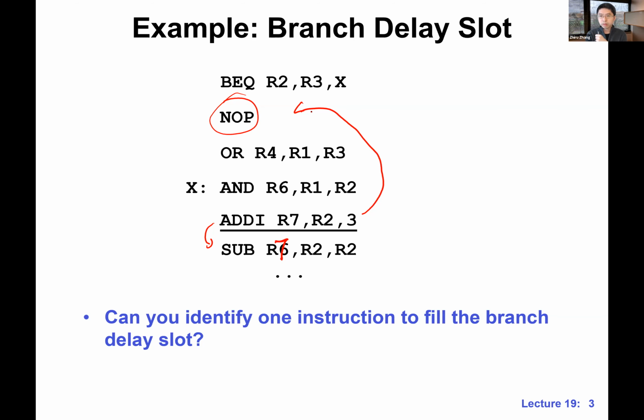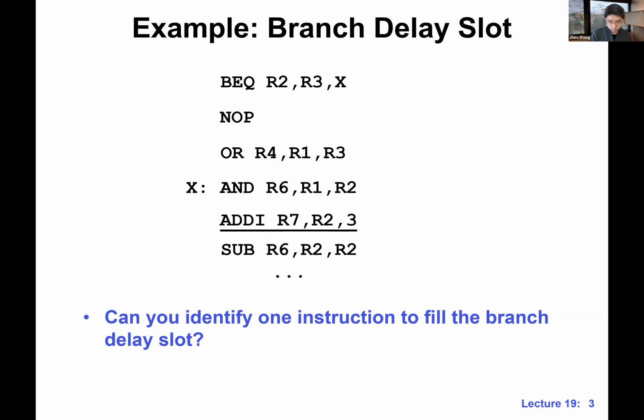So Alma, what are you asking? My question is, for add immediate and sub, if R7 is what's being written to for both, can you just describe what the data dependency is again between addi and sub? I was just saying that first, I think we all agree that in this original sequence, we can move addi. There's no data dependency.